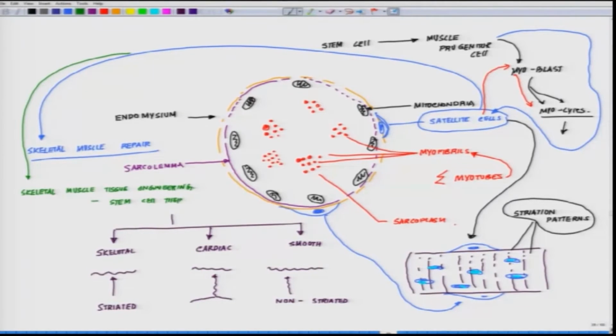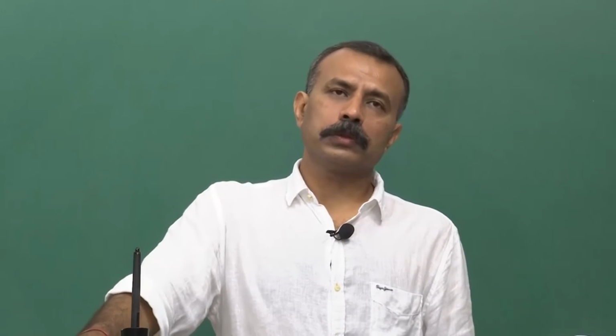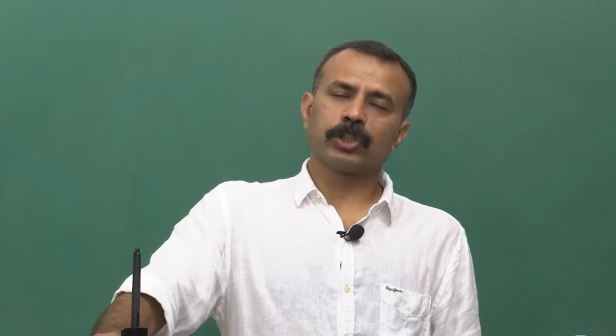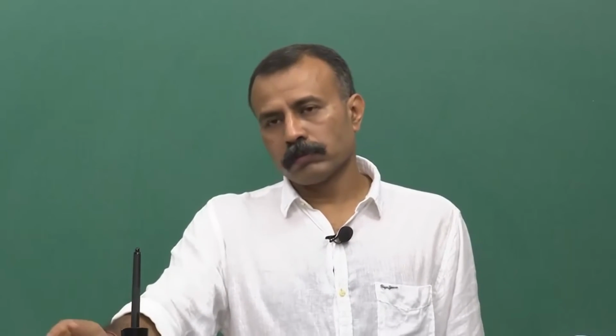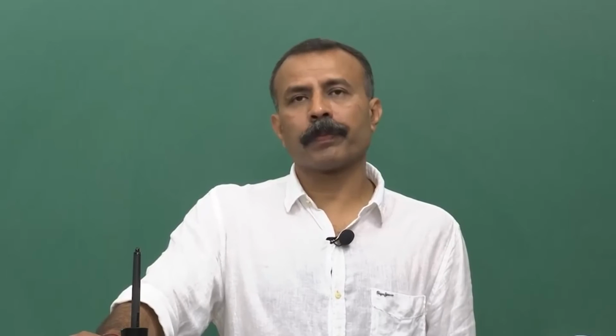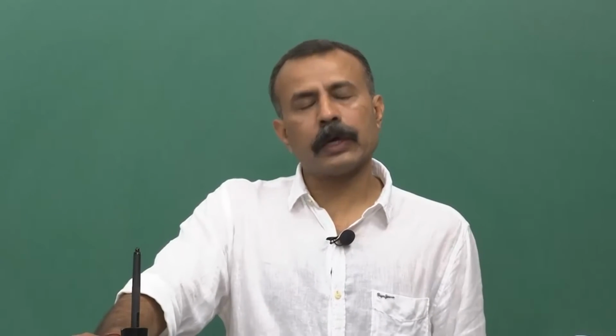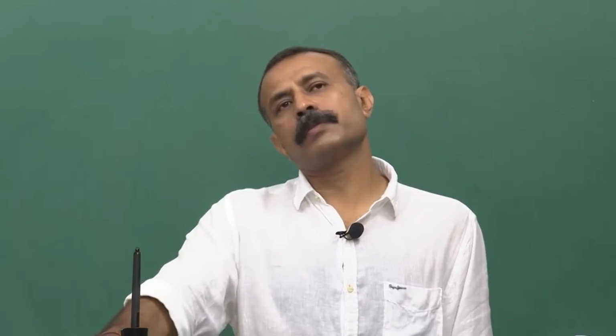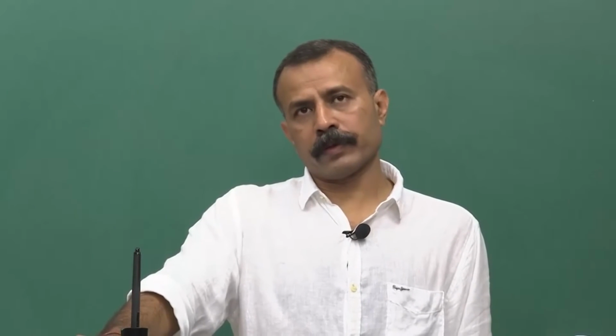Okay. Because for cases like muscular dystrophy and all other very complicated cases where you do not have any option but to resort to some cellular genetics route to cure it, definitely these stem cells come very handy.